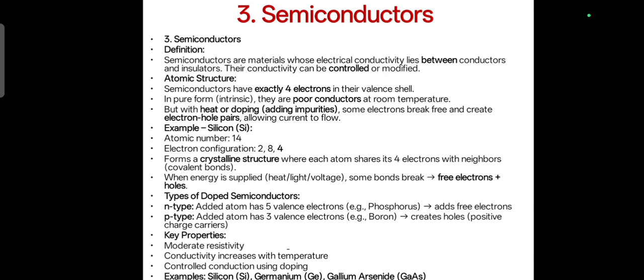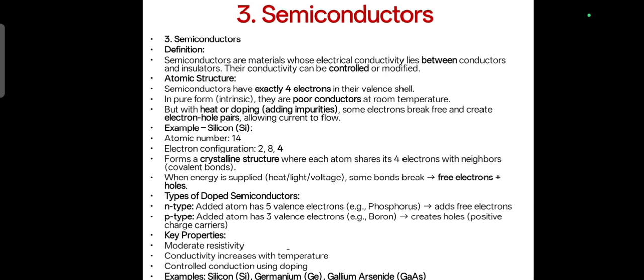There are mainly two types of semiconductor, intrinsic semiconductor and extrinsic semiconductor. The intrinsic semiconductors are pure and poor conductors at room temperature. But when we provide heat or doping, doping means adding impurities, that is p-type or n-type material, some electrons break free and create electron hole pairs, which allow the current to flow.